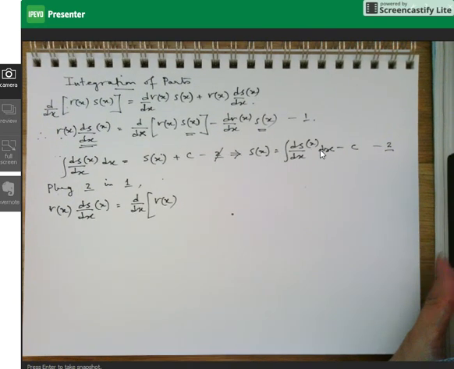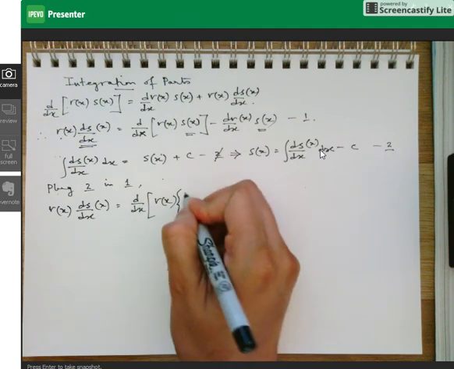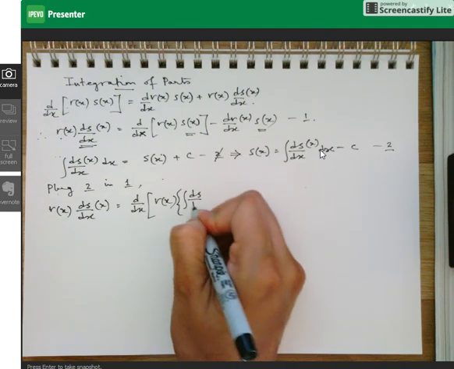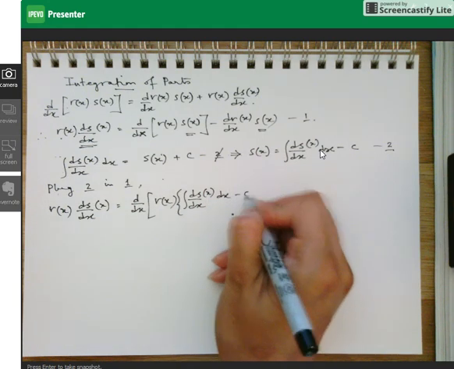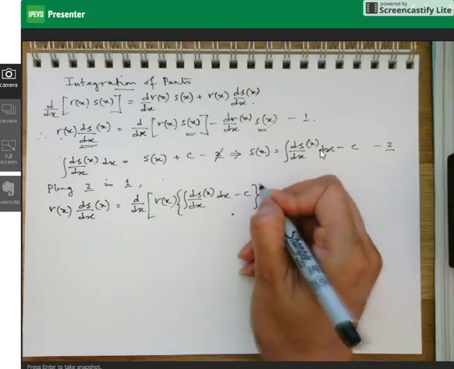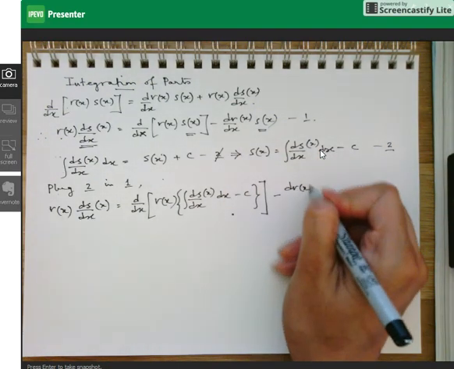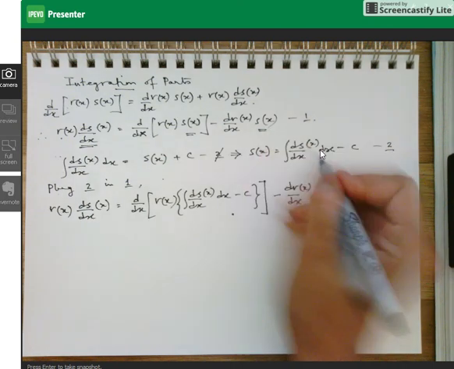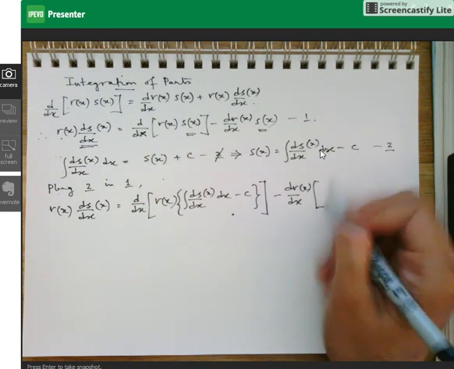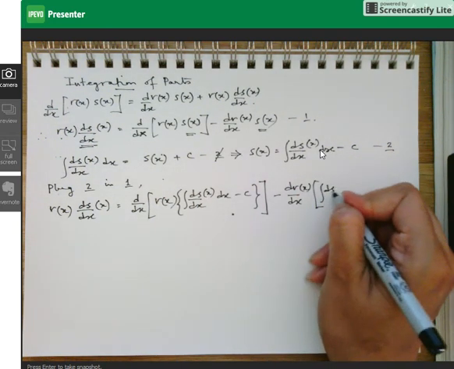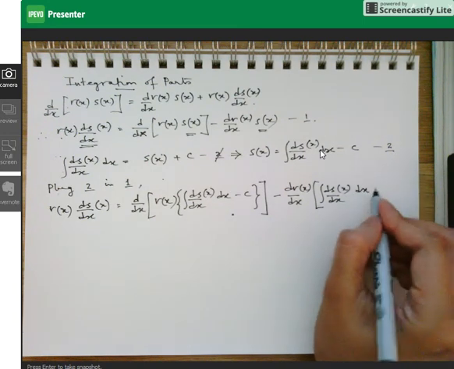Okay, so this would be nothing but the integration of ds/dx with respect to x minus c, minus dr/dx. Again, s would be given by this thing from equation 2, which is the integration of ds/dx with respect to x minus c.